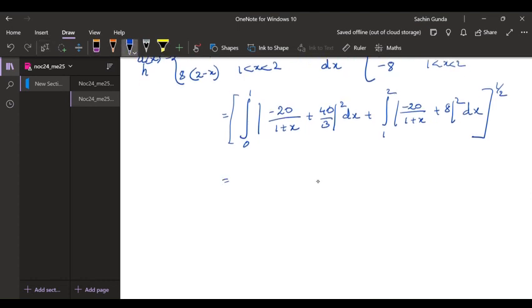Let's slightly simplify this. From 0 to 1, mod minus 60 plus 40, it's minus 20, 40x.